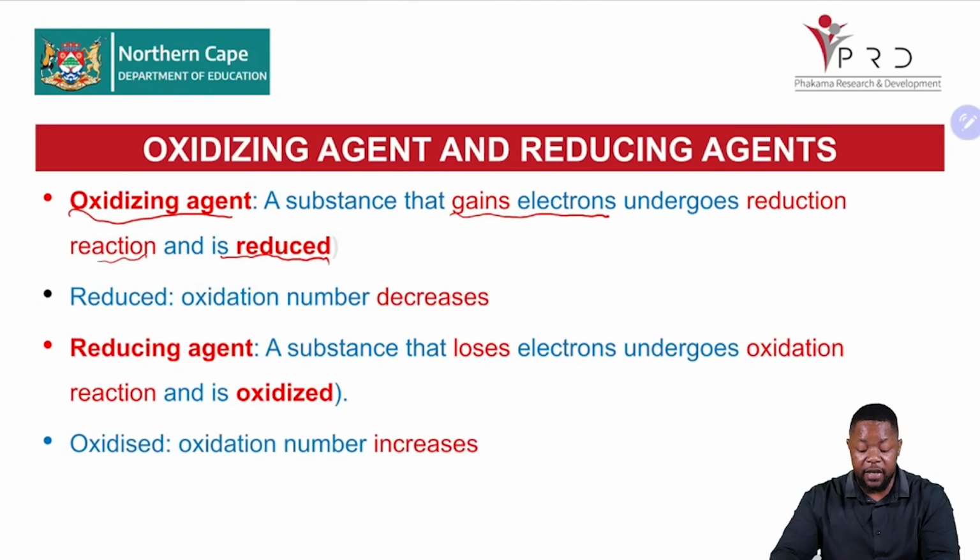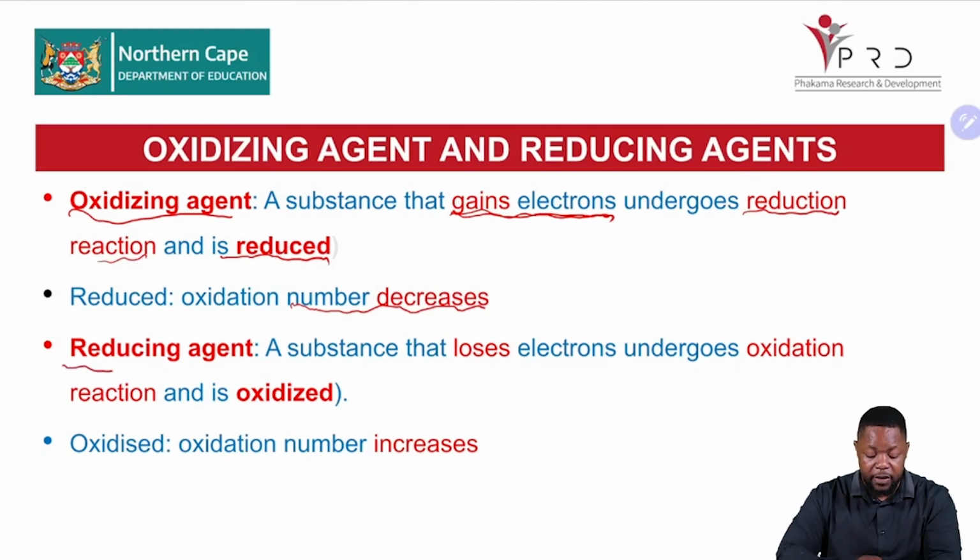The oxidizing agent is a substance that gains electrons. It undergoes reduction and it is reduced. The oxidation number decreases because this substance is reduced. We have seen the definition of reduction in terms of oxidation numbers.